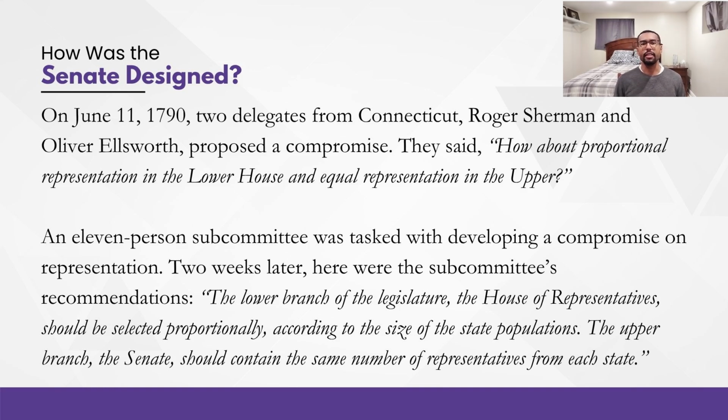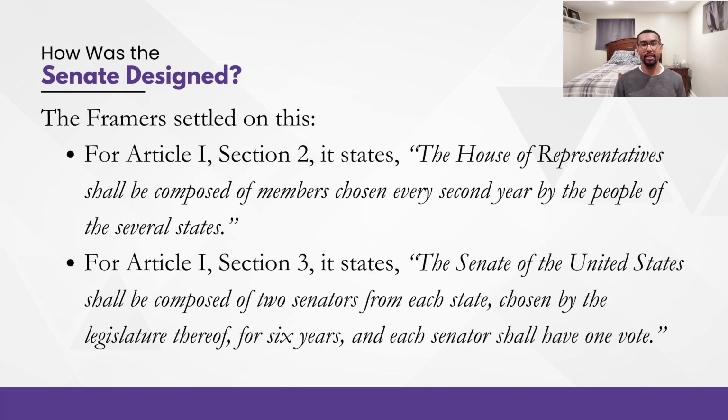An 11-person subcommittee was tasked with developing a compromise on representation. 2 weeks later, here were the subcommittee's recommendations. The lower branch of the legislature, the House of Representatives, should be selected proportionately according to the size of the state's populations. The upper branch, the Senate, should contain the same number of representatives from each state. Unquote. The framers settled on this.